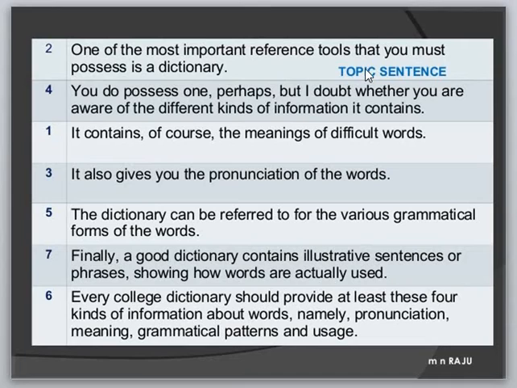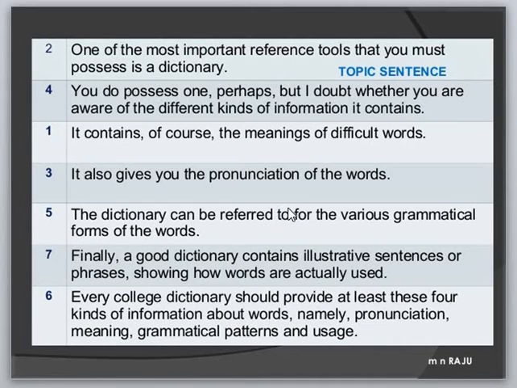One of the most important reference tools that you must possess is a dictionary. It can be the topic sentence. You do possess one, perhaps, but I doubt whether you are aware of the different kinds of information it contains. The next point can be, it contains of course the meanings of difficult words. It also gives you the pronunciation of the words.